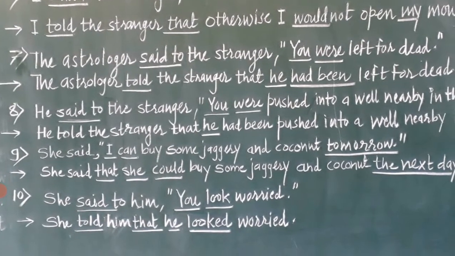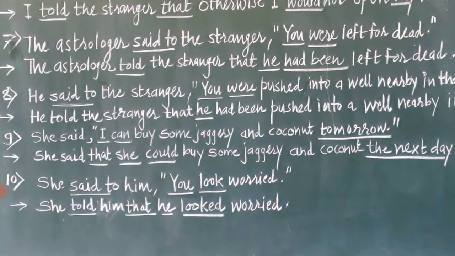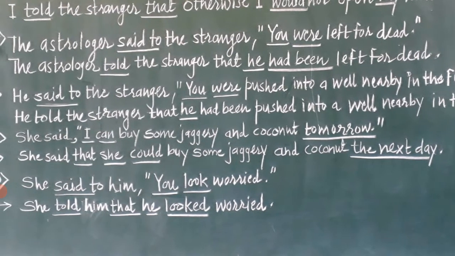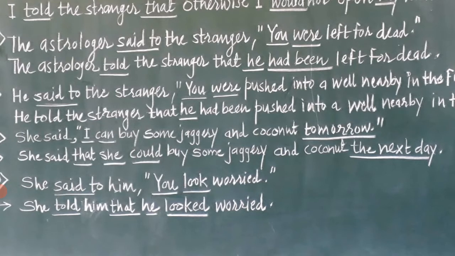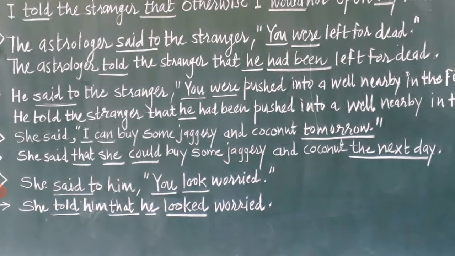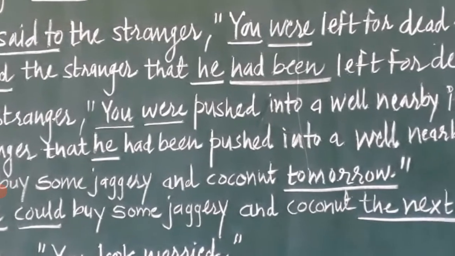Next is number 7. The astrologer said to the stranger, "You were left for dead." Again here "said to" is converted into "told". The astrologer told the stranger that, here "you" is there for the stranger, so "you" is replaced with "he".